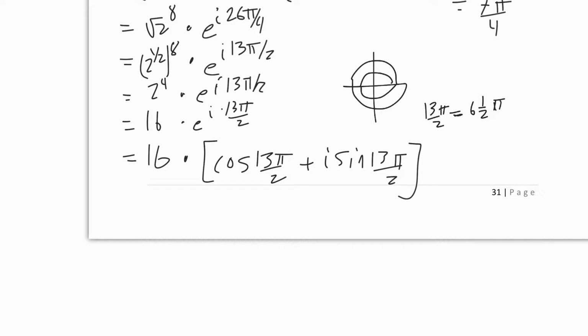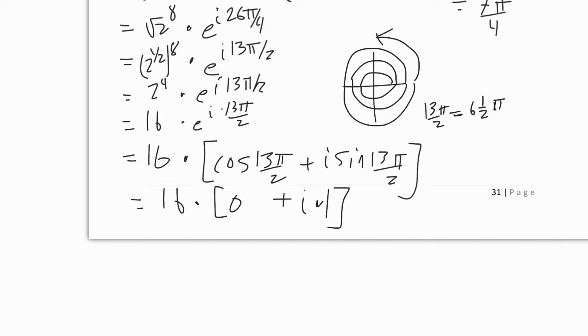So back to our circle, we had 1, 2, 3, 4, 5, 6. So that's 6 pi's, and then 1/2 pi ends us right here, right at the top of the unit circle. And so sine of 13 pi over 2 is going to be equal to 1, and cos will be 0. So 16 times 0 plus i times 1, which gives us our final answer of 16i.